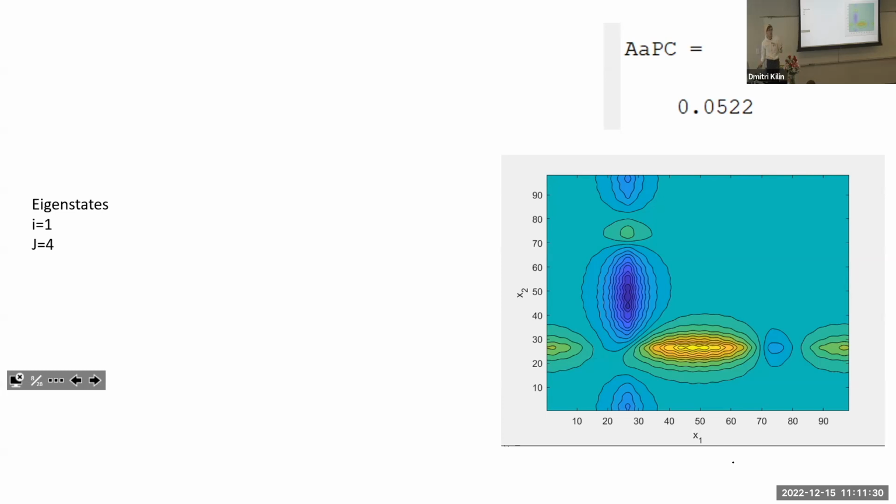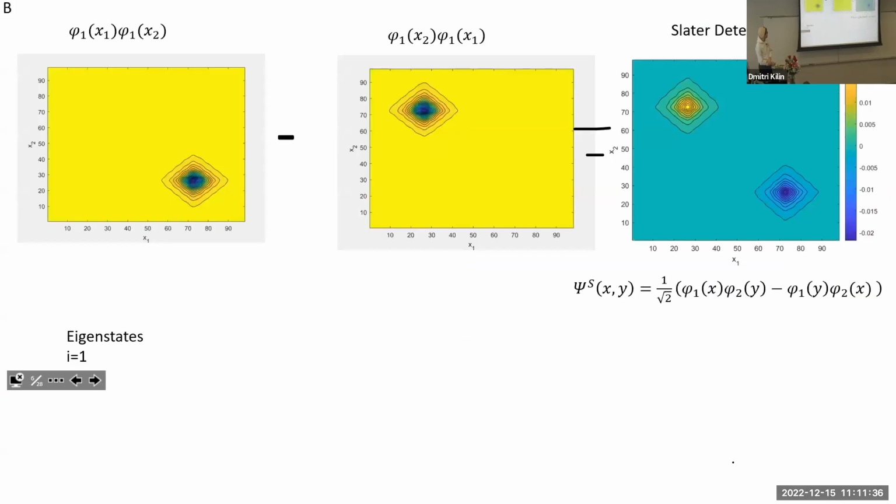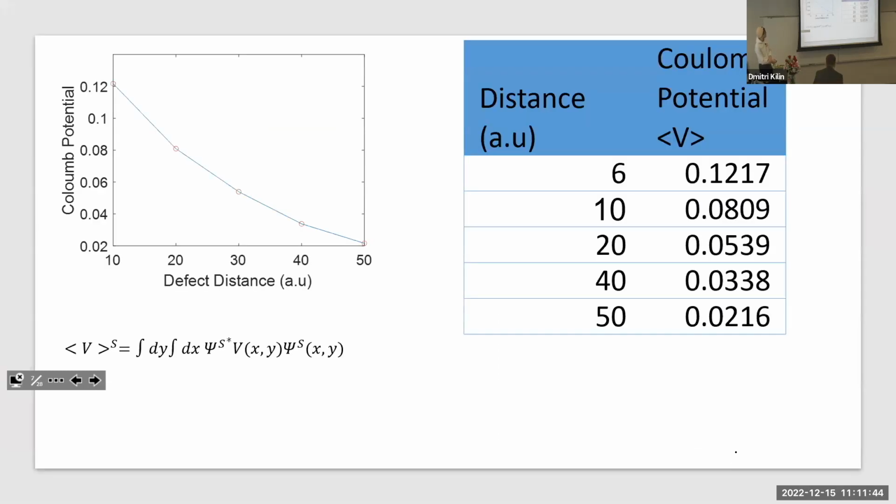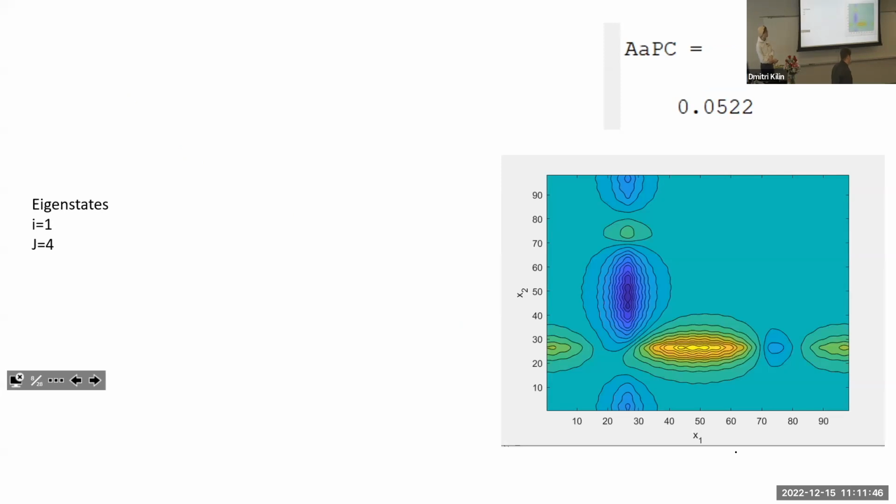That's what I've hypothesized. I ran it just to see how the Slater determinant, figure and potentials would look different. This is the potential energy that comes out of it, the number you would have here with your Coulomb potential, and you can see that it increased as your eigenvalue is different.